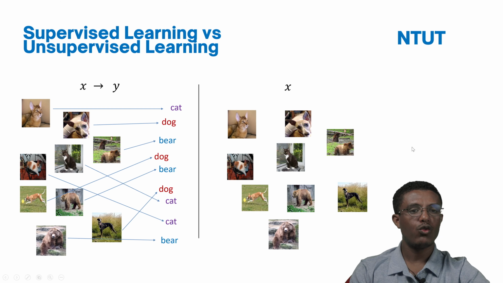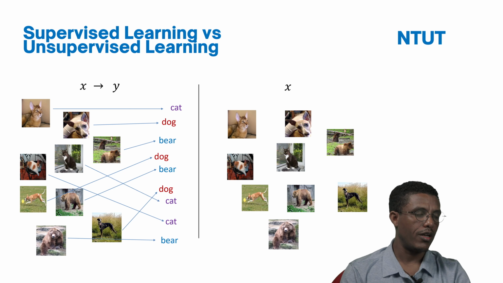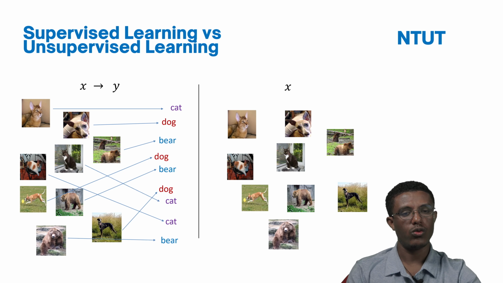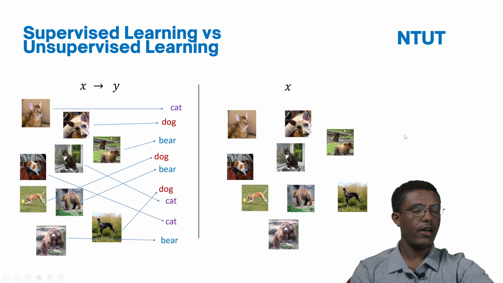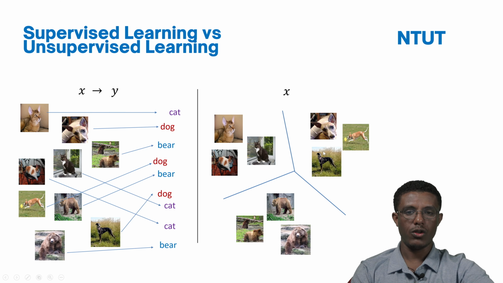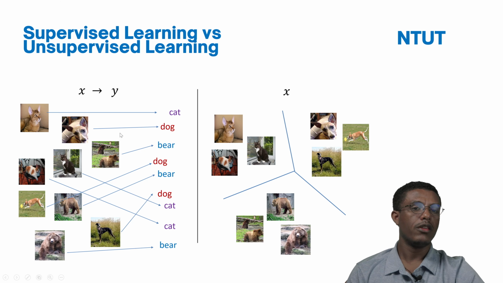Instead, it tries to group similar animals together, and similar animals here and here. No need to define the specific name of the animals. This is the basic difference.